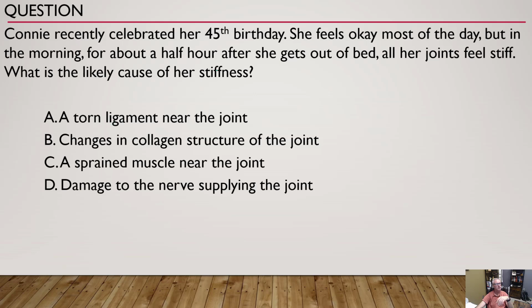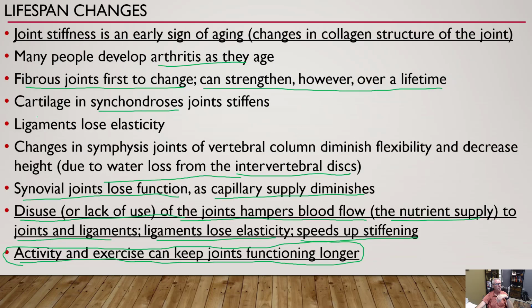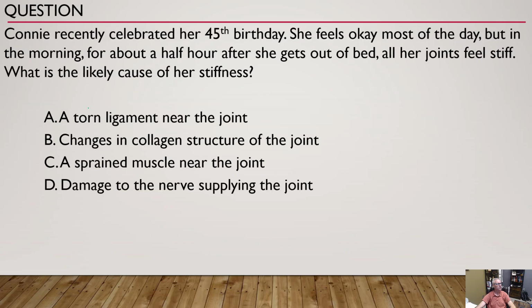So basically, let's go back up here. Joint stiffness is an early sign of aging: changes in collagen structure of the joint. Nowhere in the question does it say she has a torn ligament or she's sprained or she has damage to the nerve supply.